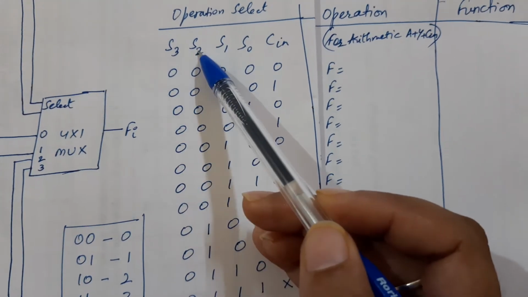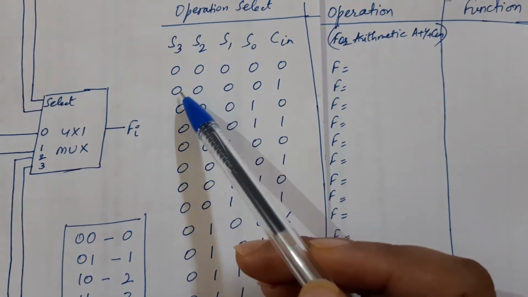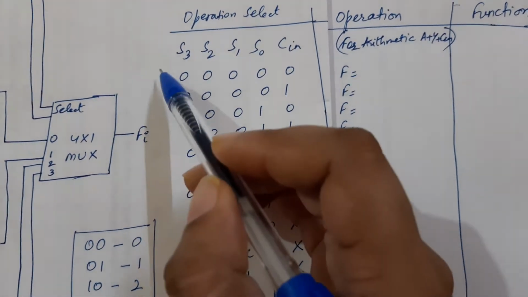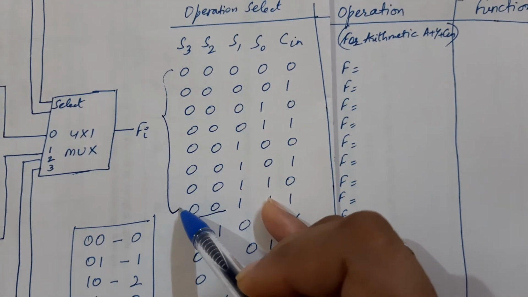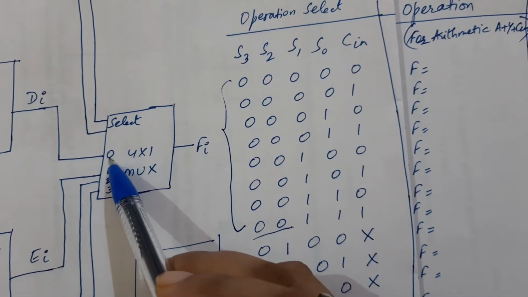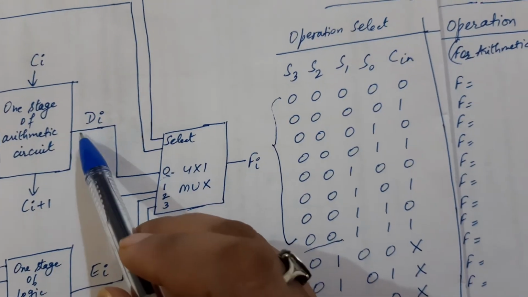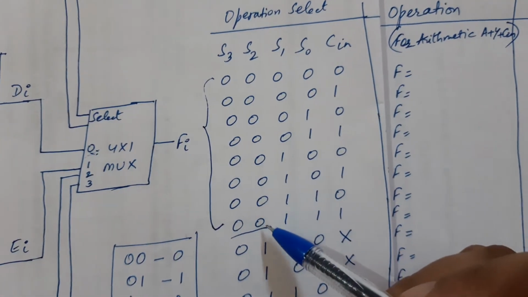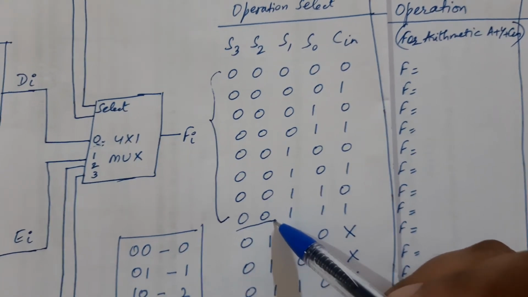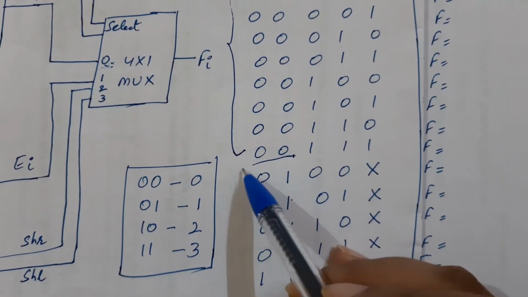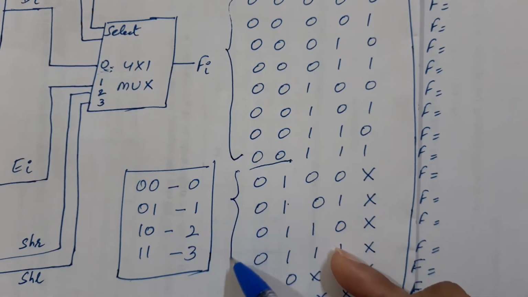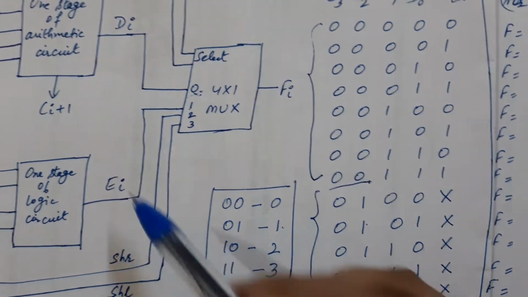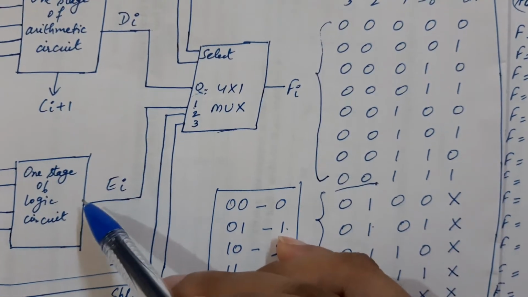First we have S3 and S2, with values 0, 0 up to here, as these all represent arithmetic micro operations. With 0, 0 the output is coming from the arithmetic circuit. That's why all these zeros represent arithmetic micro operations. Next is 0, 1, which is the code for 1. So the 1 has input from the logic circuit.